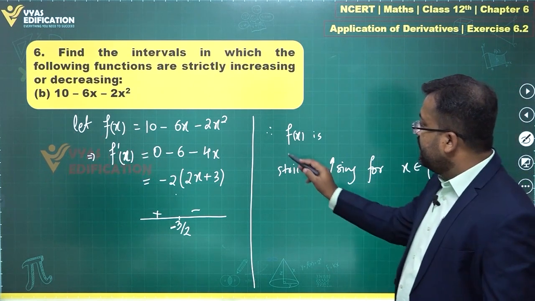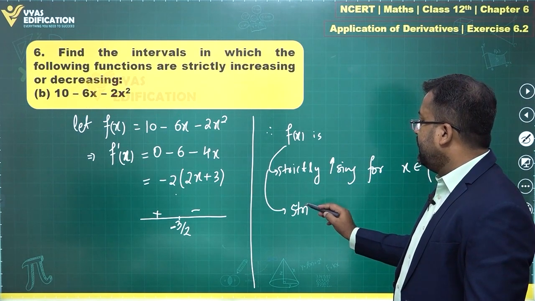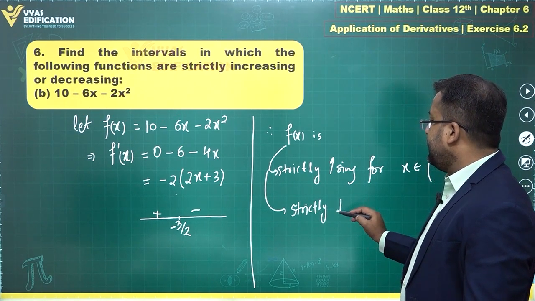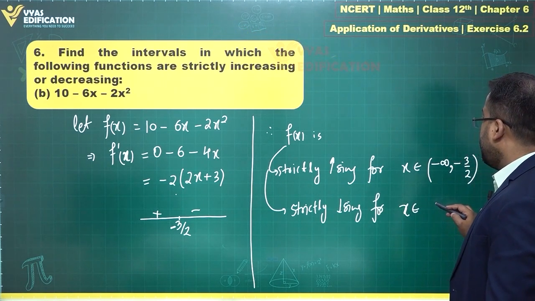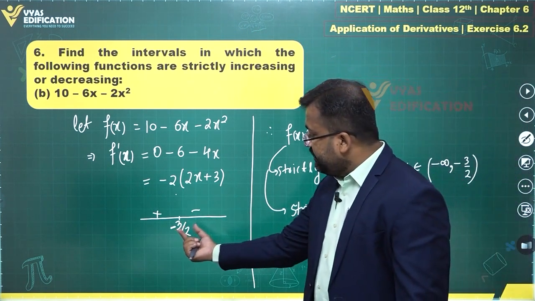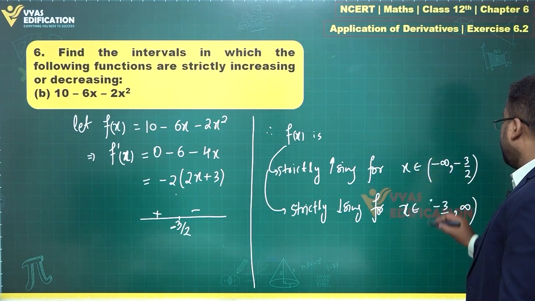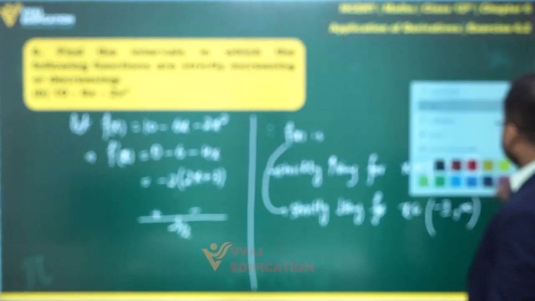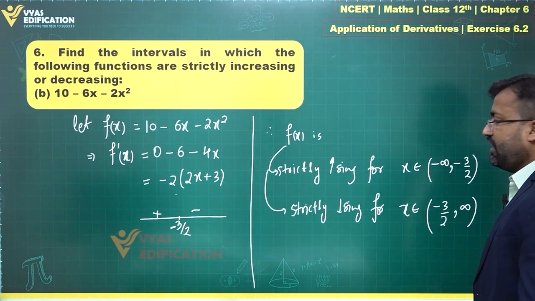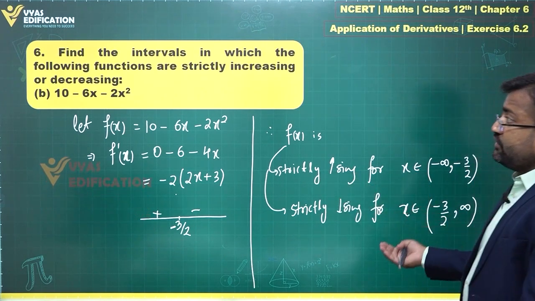This is what you can note. f(x) is strictly decreasing for x belongs to (minus 3 by 2, infinity). That's what you can say, right? This is the final answer for this question.